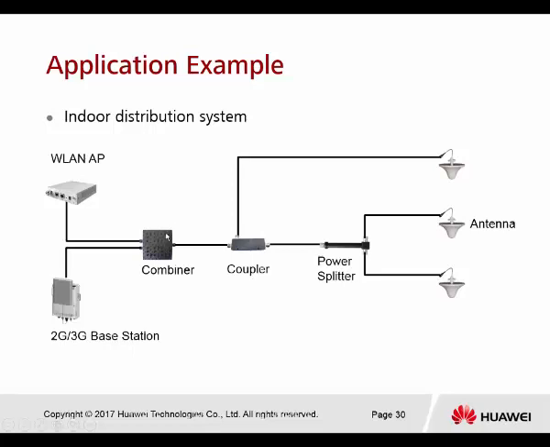If I don't use the combiner, I have to spend more money to purchase antennas and also RF cables. I just use a combiner to join these two into one output. For this one output, I'm using the coupler here to split the power. Here requires less power, and here requires more power, because later on I'm going to split to two different antennas.